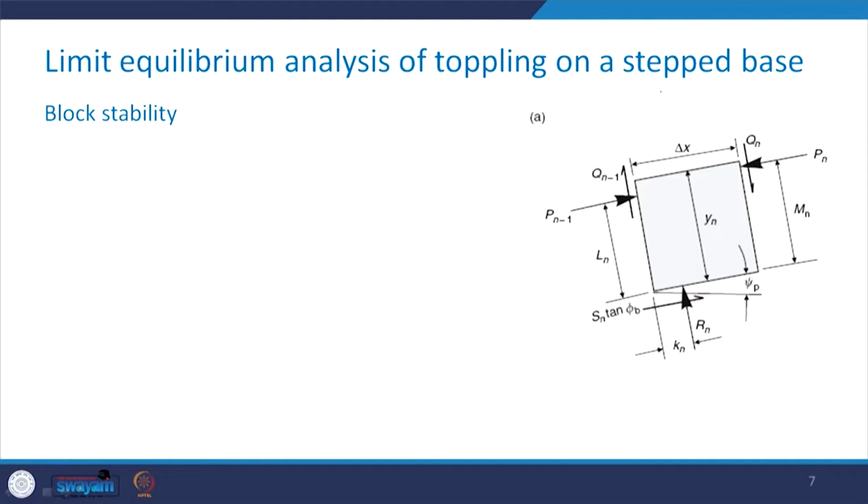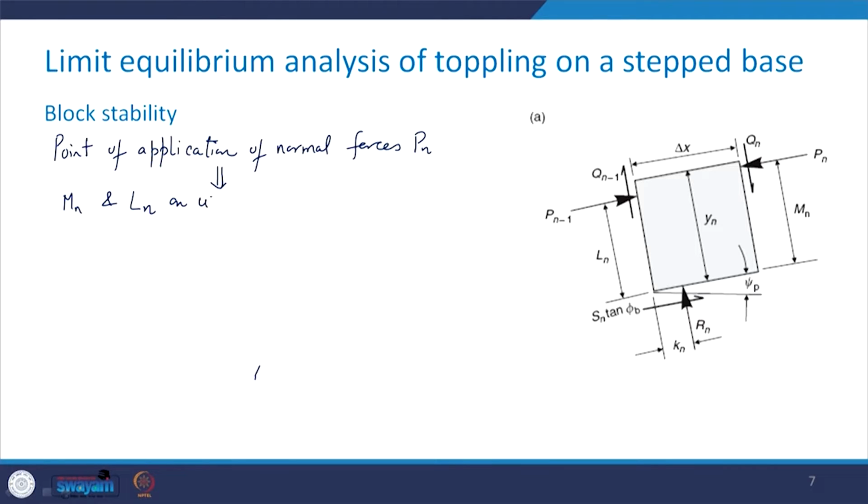Now in case of these toppling blocks, the points of application of the normal forces Pn, these are given as Mn and Ln, we have seen in the previous figure, on the upper and lower faces respectively.